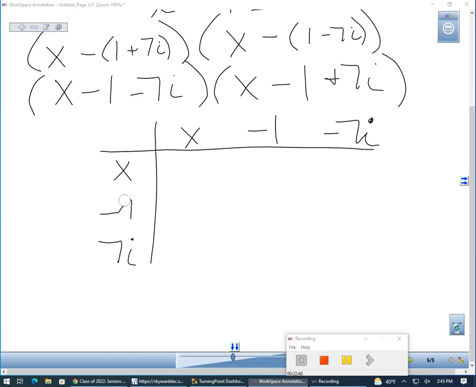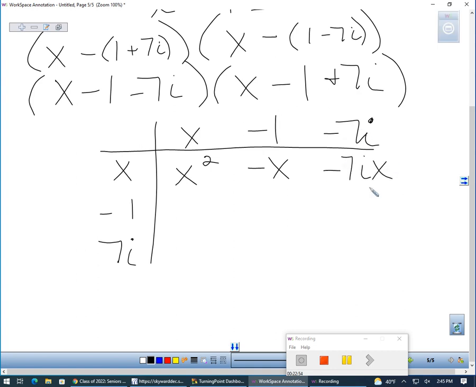So here we go. X minus 1 minus 7i times by x minus 1 plus 7i. Let me fix that. I know it's a little sloppy. I'm sorry. Here we go. All right, so x times x is x squared. X times negative 1 is negative x. X times negative 7i is negative 7ix. Next row. X times negative 1 is negative 1x. Negative 1 times negative 1 is 1.